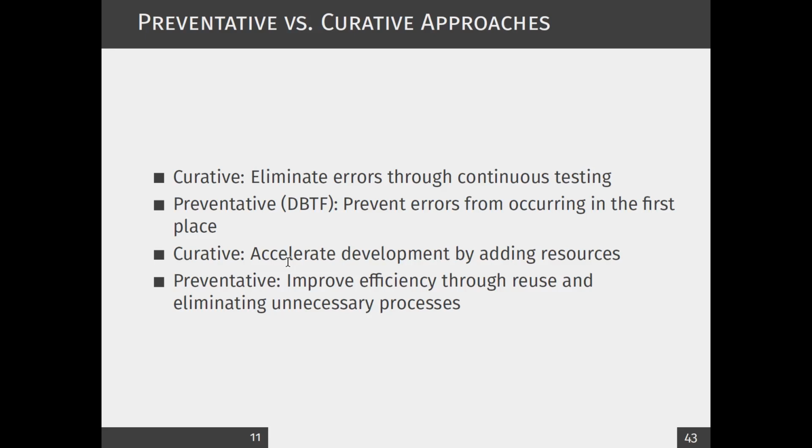The other one is prevention. The curative approach is you eliminate errors through continuous testing. That's what we normally do in our traditional software development. But preventive, in this particular case, means we should prevent errors from occurring.